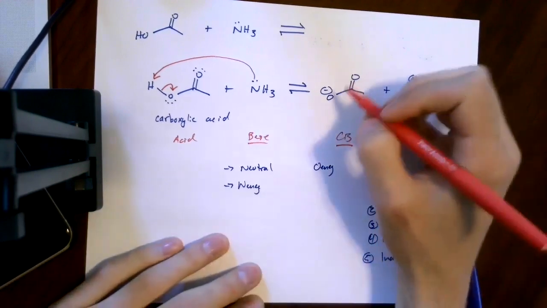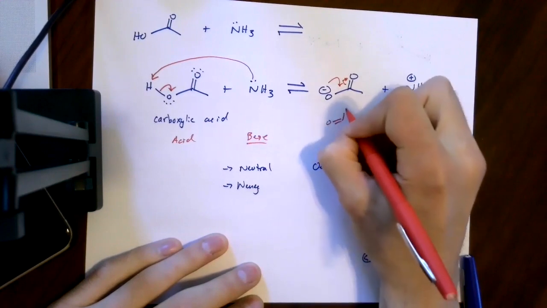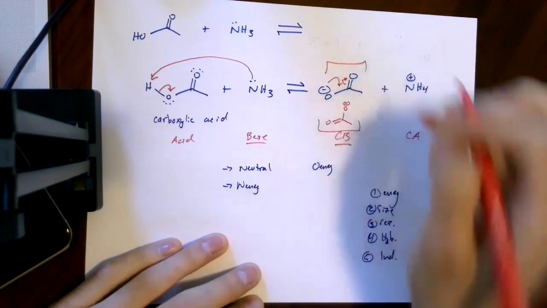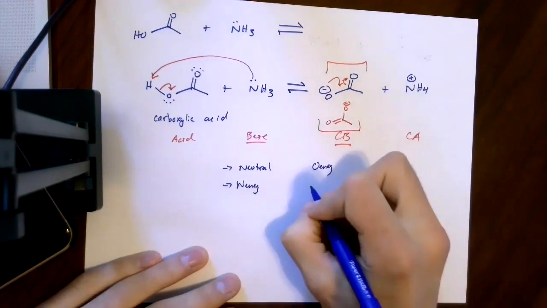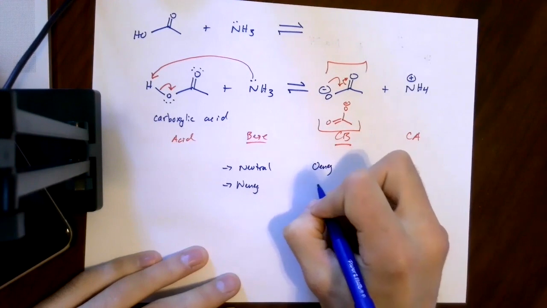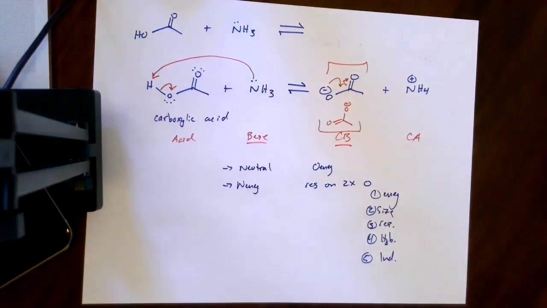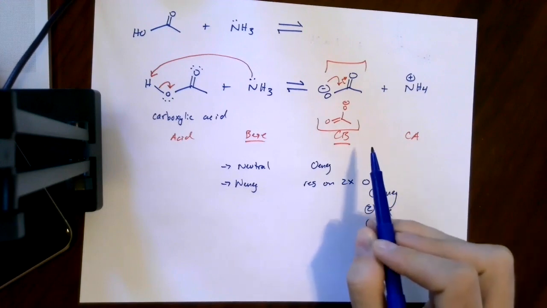And what we also recognize is that we have a resonance form in which we have resonance on 2 times O. So resonance distributes this negative charge not on 1, but on 2 oxygens.